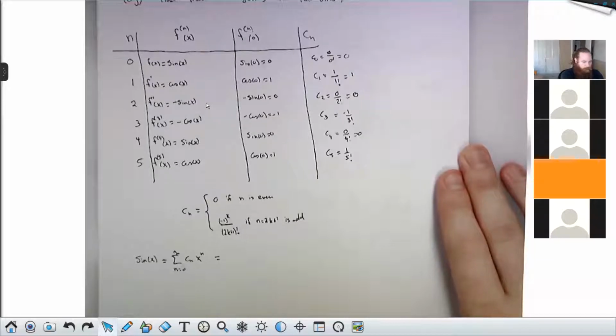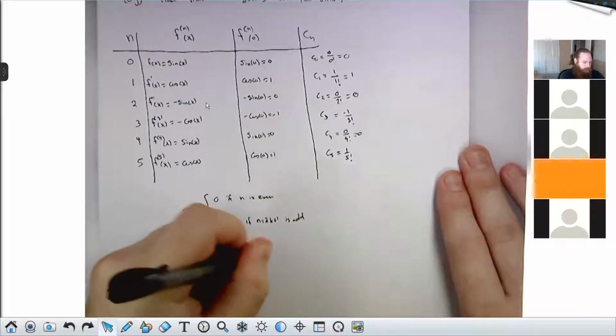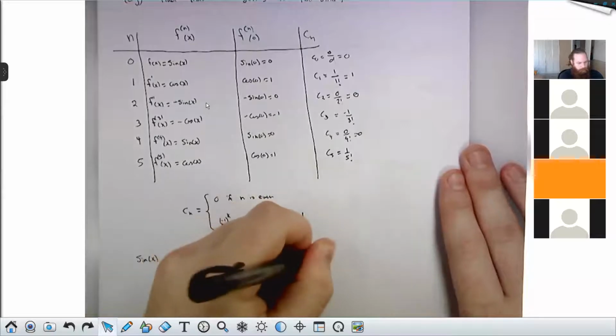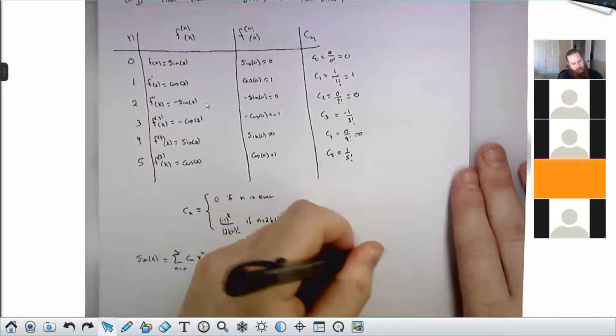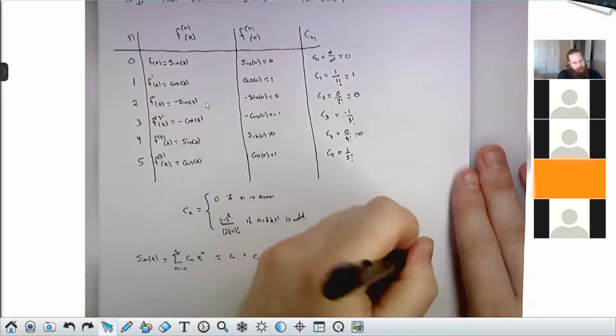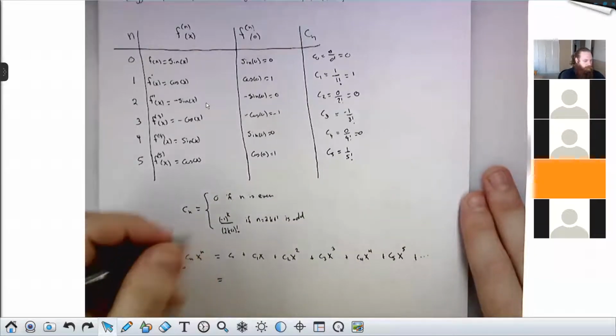And then just start writing it out. So that's C0 plus C1x plus C2x squared plus C3x cubed plus C4x to the 4 plus C5x to the 5, and so on. And we look and see if there are some patterns here.